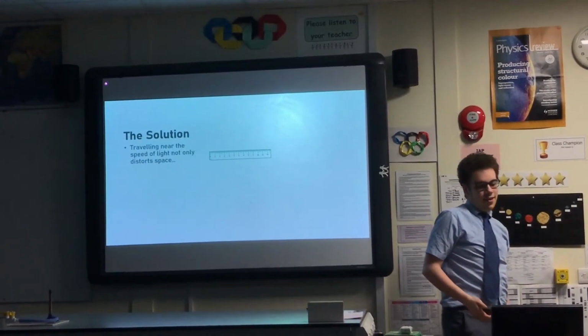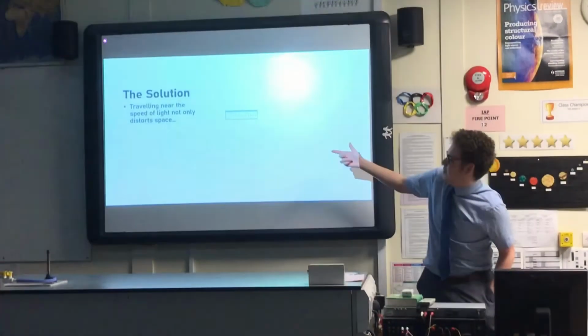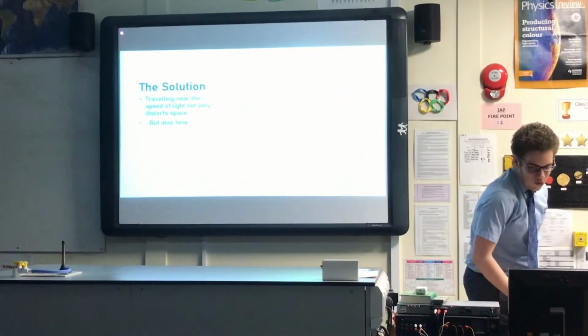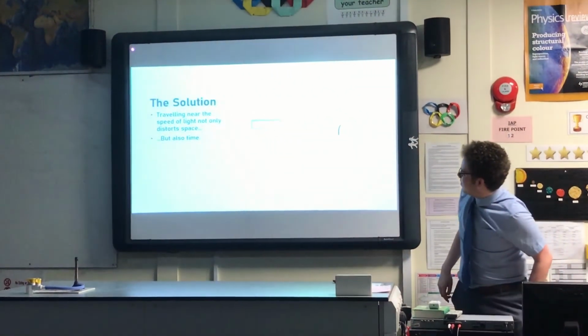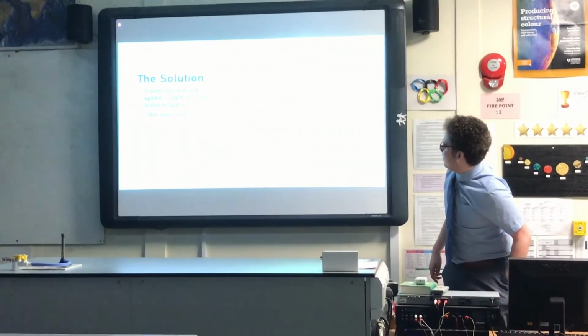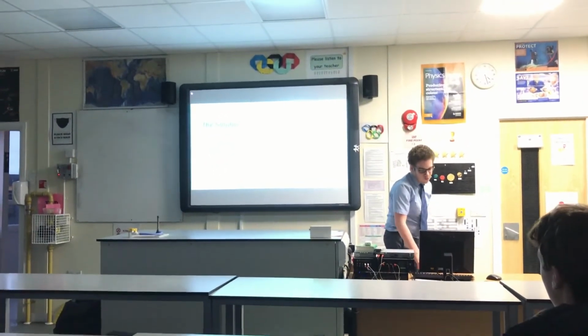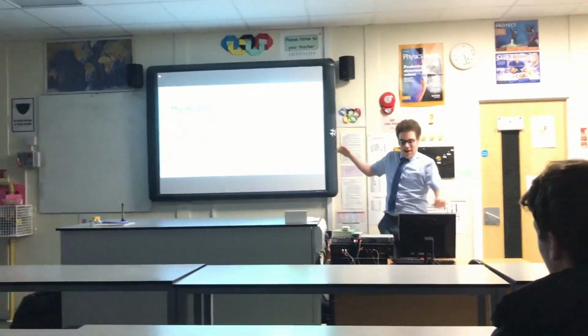Travelling at the speed of light not only distorts space, so if this ruler is travelling near the speed of light, it would become like that, squish, but also time. So our poor stopwatch here, it's not working quite as well. So the barn doors close simultaneously for you.